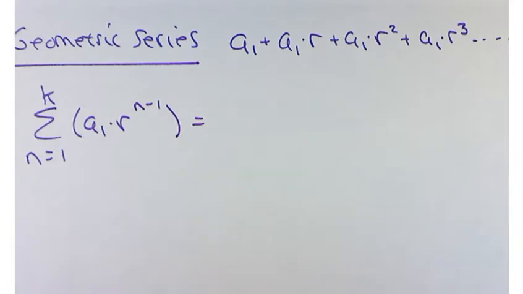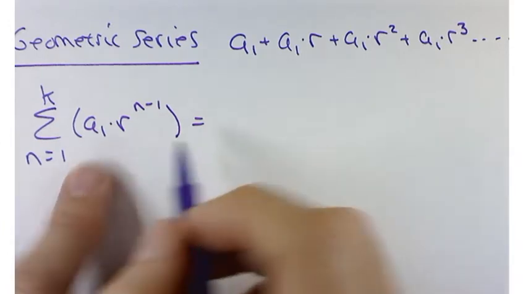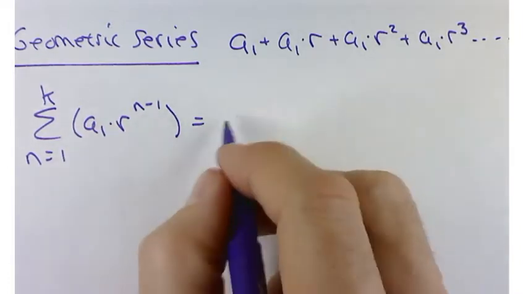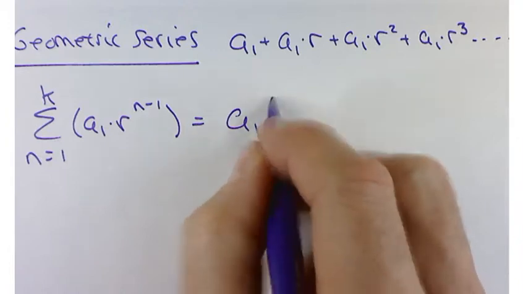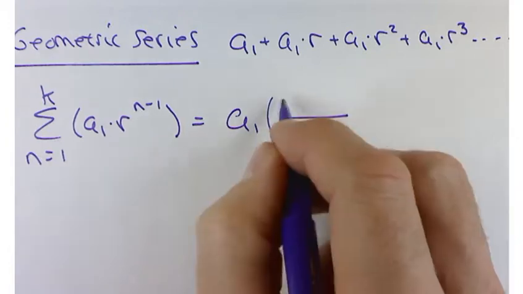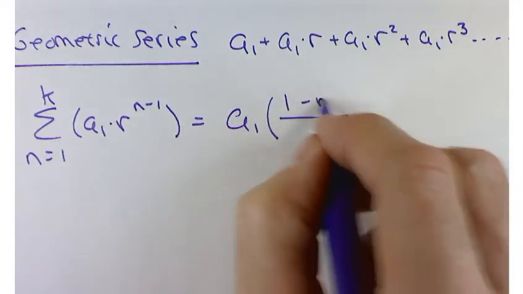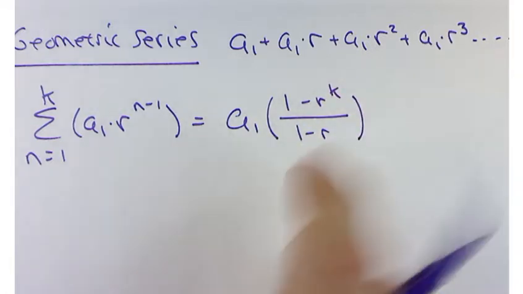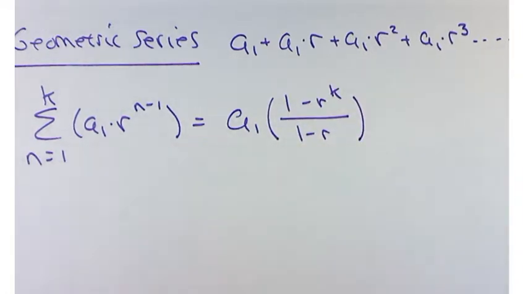So we're giving ourselves some kind of a finite limit. If you added up all these first terms, that limit would be this. A sub 1 times 1 minus r to the k power over 1 minus r. So you get a nice finite limit.